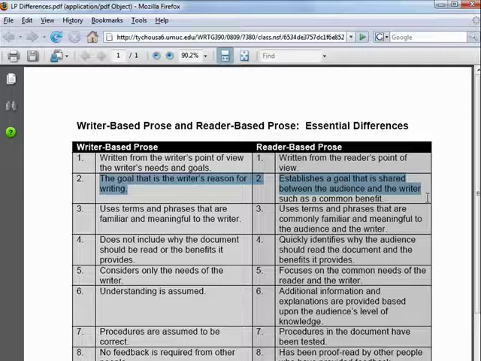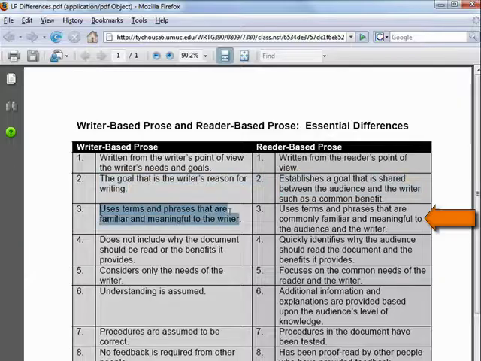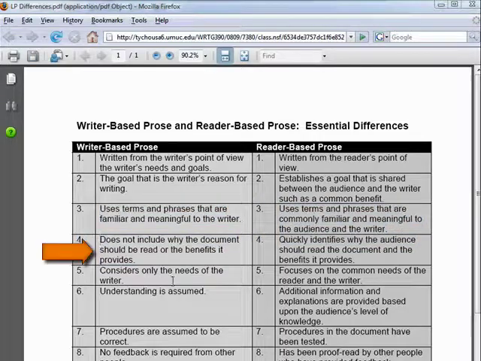Let's try another one. Number 3, excellent parallelism here. Uses terms and phrases that are familiar to the audience and the writer. Okay, good parallelism. Number 4, does not include why the document should be read. Look at a supposedly parallel item. Quickly identifies why the audience should read. Those should be parallel.